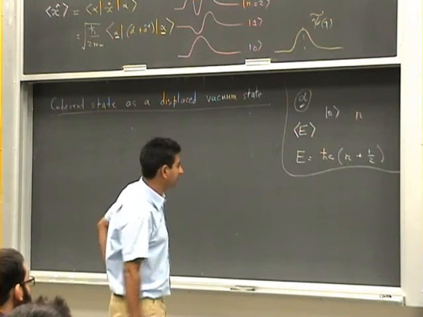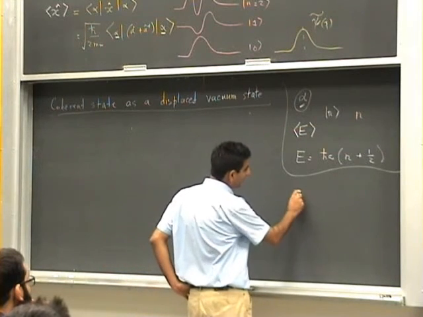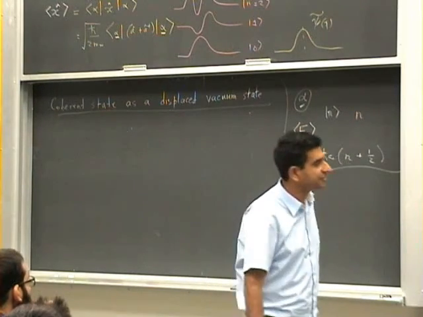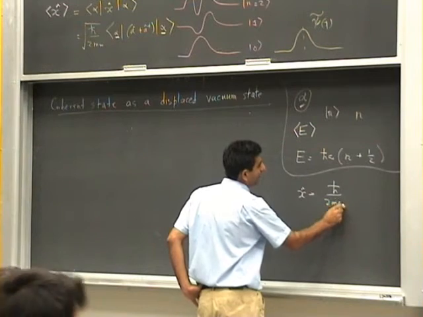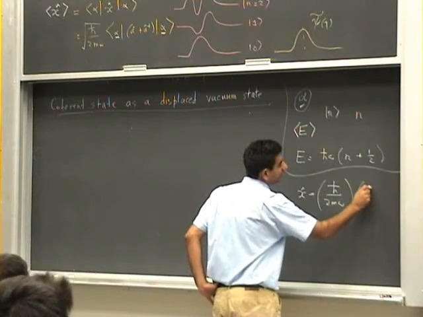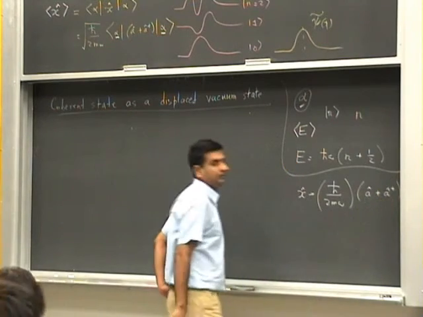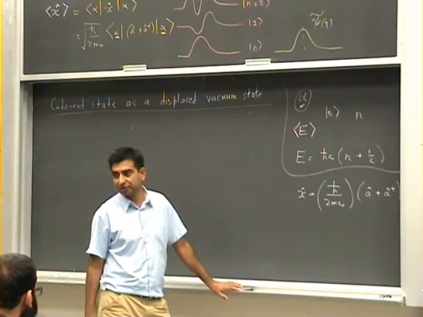Another thing that I would like to talk about for just 2-3 minutes is that if I define now my x, I've defined my x as square root of h bar over 2 m omega times (a plus a dagger). Now this operator has dimensions of position.